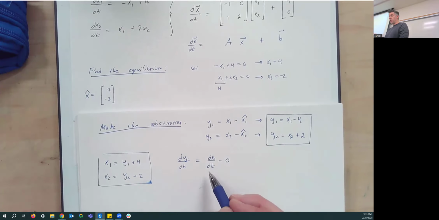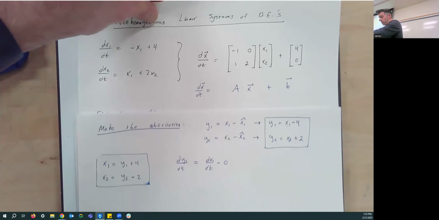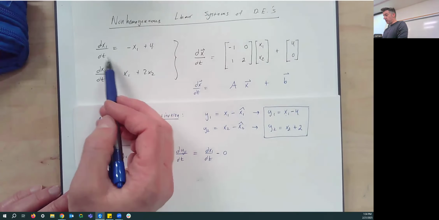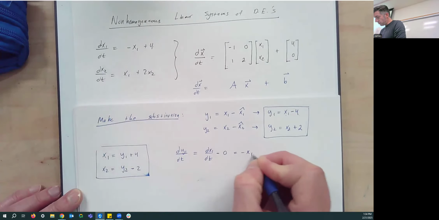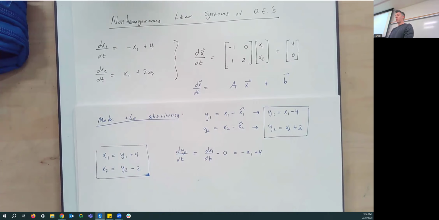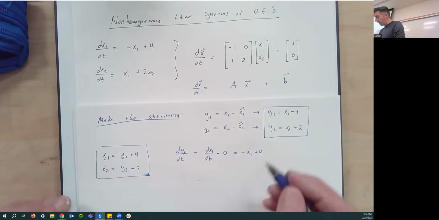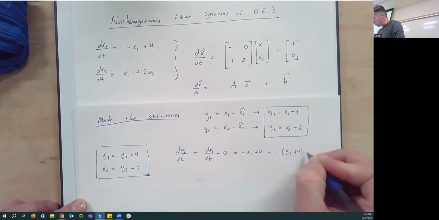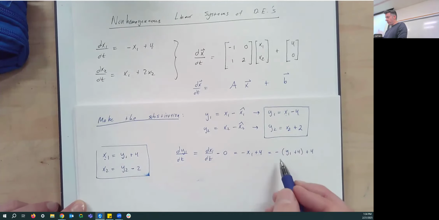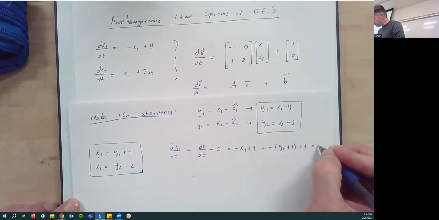We know what dx1/dt is from our original system: negative x1 plus 4. Then we plug in x1 equals y1 plus 4. We get negative y1 plus 4 plus 4, and we end up with negative y1 because the 4's cancel.